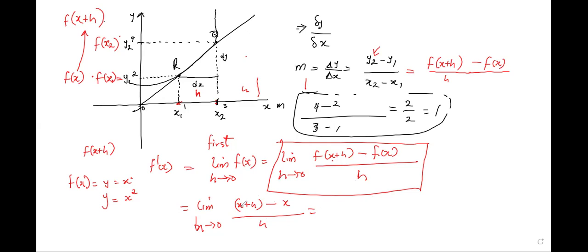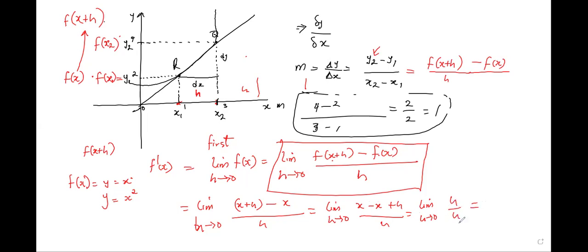We have x here, and we can open this bracket now. This is the limit as h tends to 0 of x minus x plus h, upon h. So we have the limit as h tends to 0 of what? x minus x, we are left with h upon h.